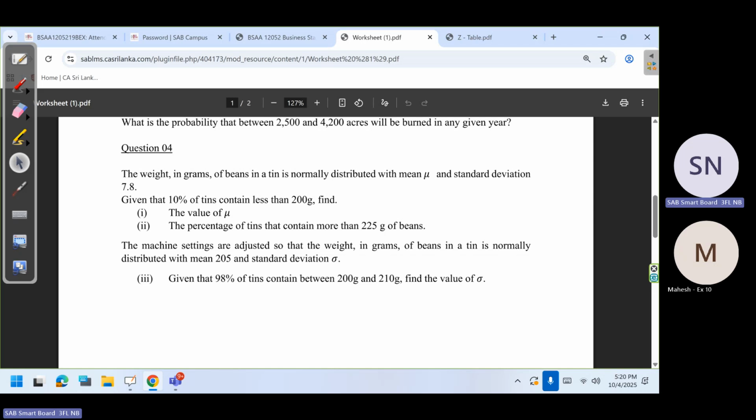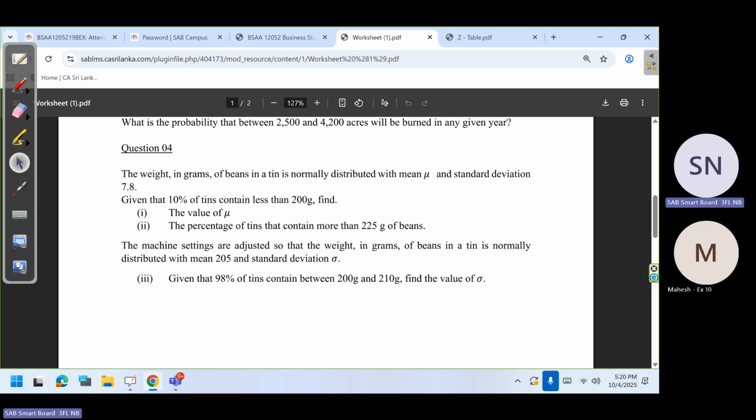Then here the machine settings are adjusted so that the mean weight in grams is normally distributed with 205 and the standard deviation is 6. Okay, then previously mean value is 209.984. But after the adjustment, then what happened? Mean value is changed. New mean value is 205.